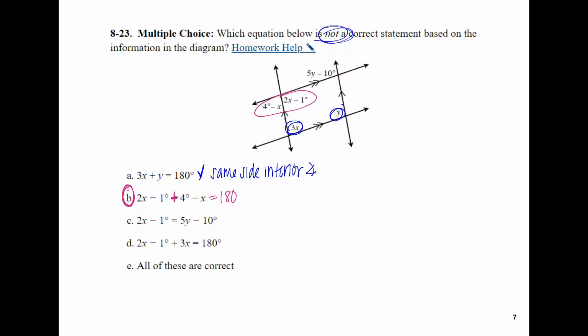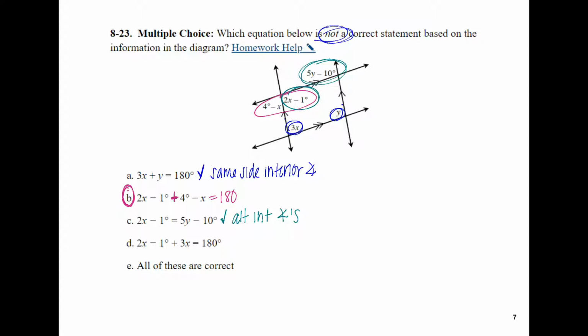C: 2x minus 1 is equal to 5y minus 10. These two angles are absolutely equal because they are alternate interior angles. We have parallel lines cut by a transversal.